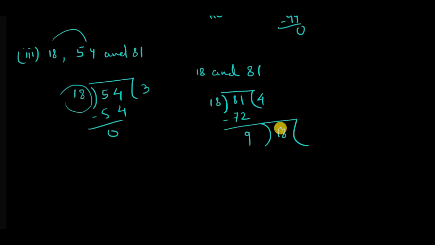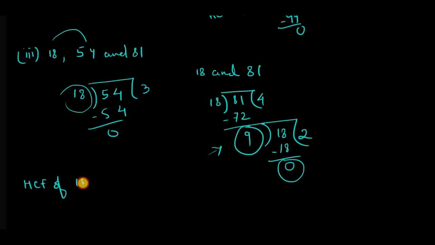I'll bring down the divisor here. You already know the process. 9 2s are 18. Now the remainder is 0. So the HCF of all these numbers will be 9. The HCF of 18, 54, and 81 is 9.